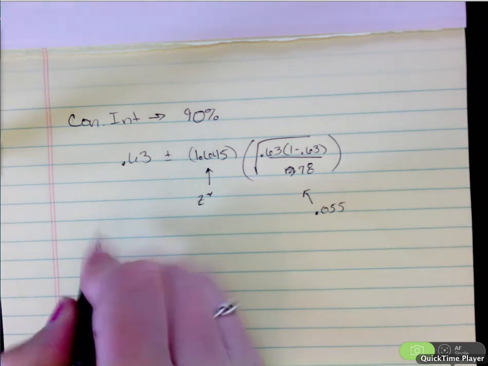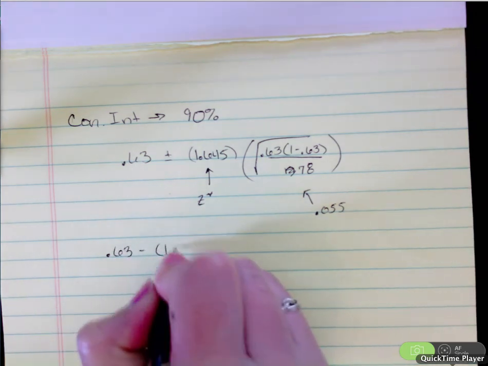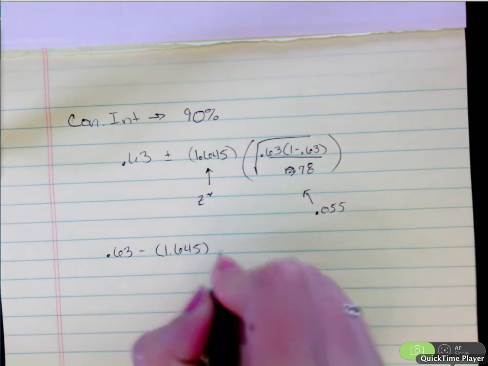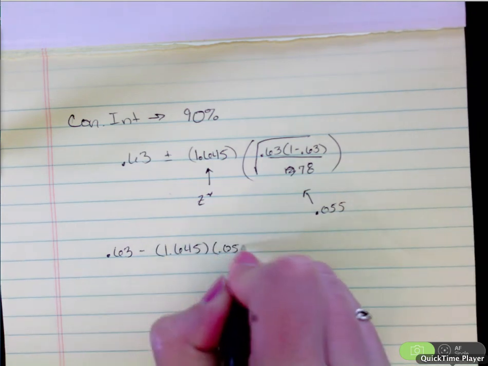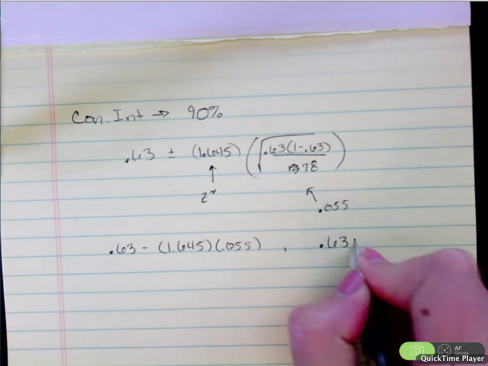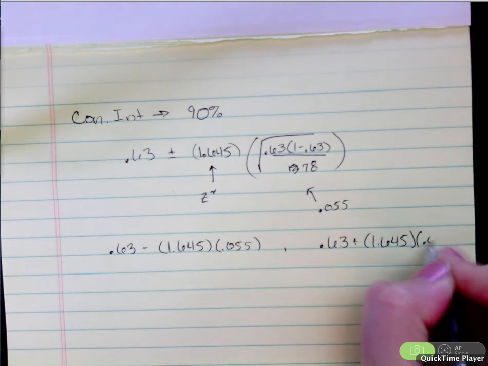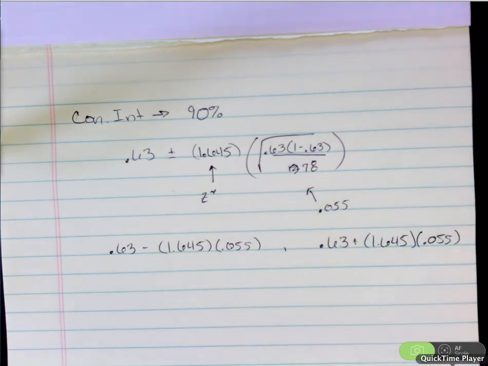So I'm doing 0.63 minus 1.645 times 0.055 and 0.63 plus 1.645 times 0.055.